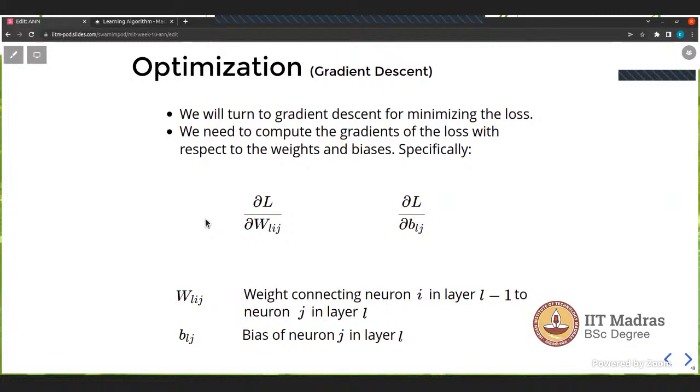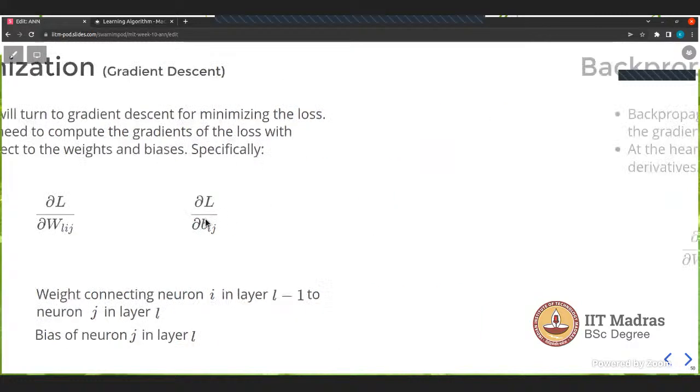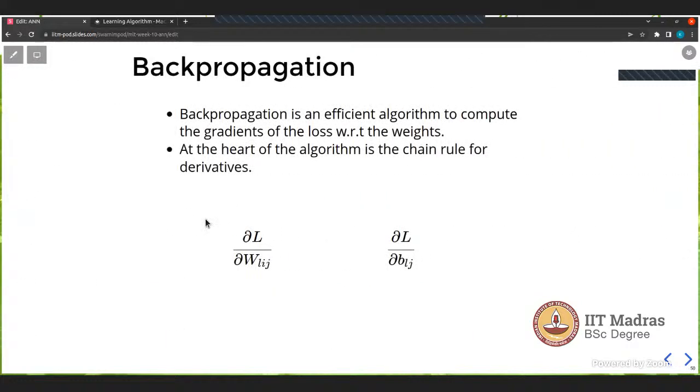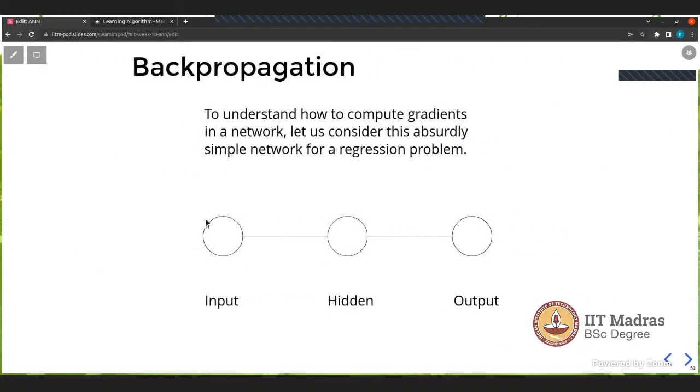So back propagation is the algorithm that researchers have come up with to compute the gradients in one go, right? For all the parameters of your network. Right, so I won't go too much into back propagation now. I'll leave it to you to refer to the slides in case you haven't. So it's just repeated application of the chain rule. Okay, so it's chain rule all the way.